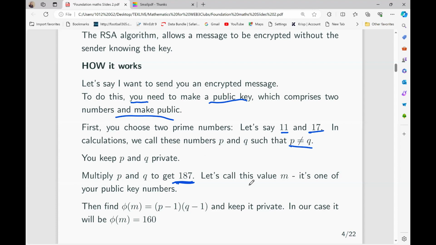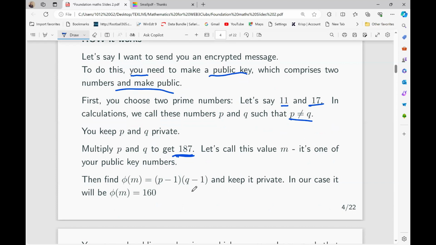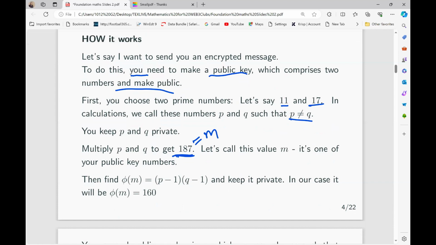Then get their product. After getting their product, let me say the product is this 187 and I want to call it M. Get the phi of M. We talked of phi of M: the number of elements or numbers smaller than M and relatively prime to M. Find how many they are.